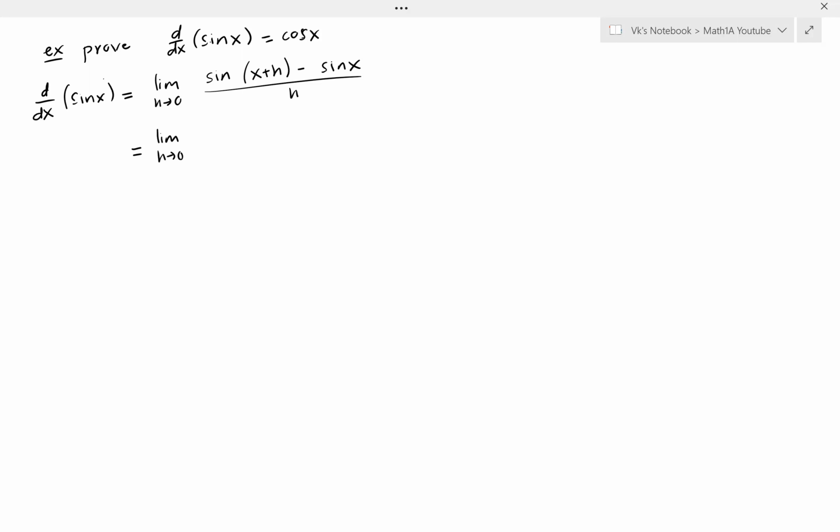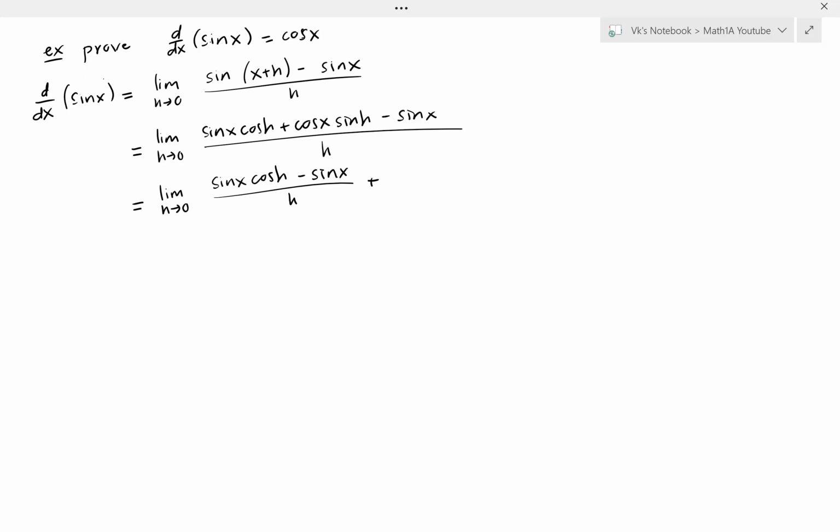Limit as h goes to 0 of sine x cosine h plus cosine x sine h minus sine x over h. Split this into two parts. Limit as h goes to 0 of sine x cosine h minus sine x over h plus cosine x sine h over h. Split the limit.